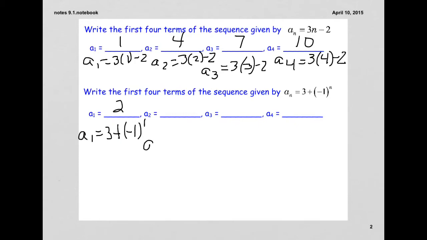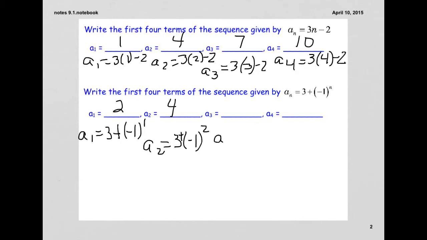Next, a sub 2 is equal to 3 plus negative 1 to the second power. Oops, I'm sorry, that's a plus in there. That makes the negative 1 positive, so that makes that 4.